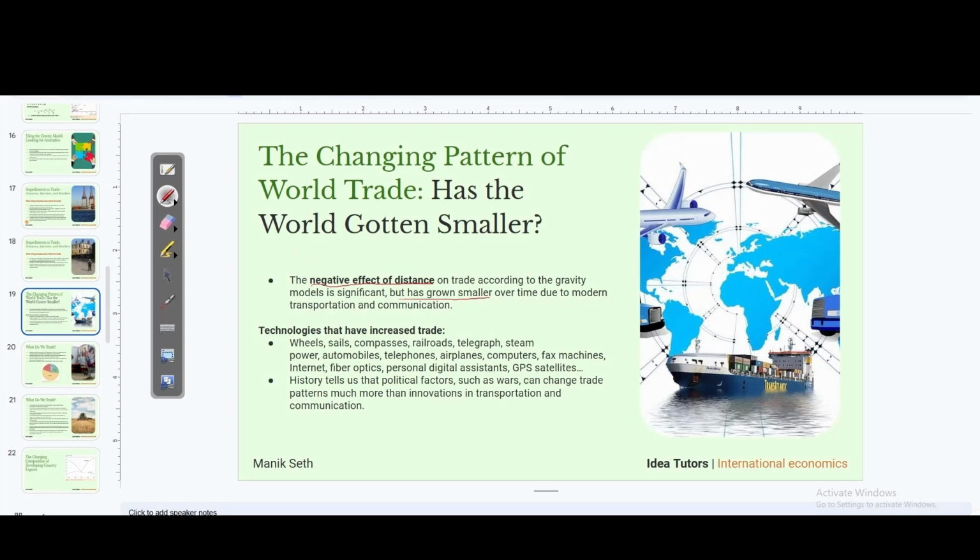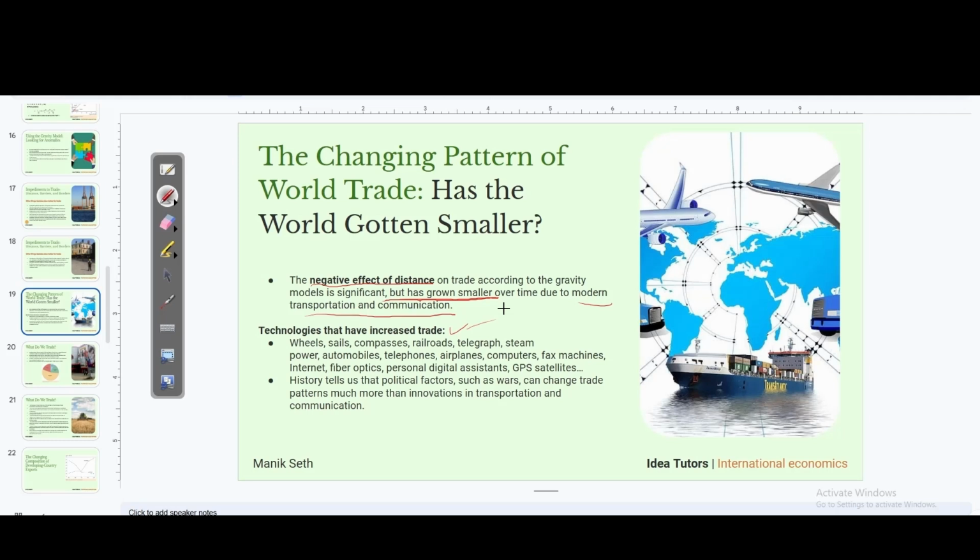The impact is now small because, due to time, modern transportation and modern ways of communication are there, which have reduced the negative impact of distance on trade. So, technologies that have increased trade: there have been a lot of developments over time that have helped in facilitating trade.